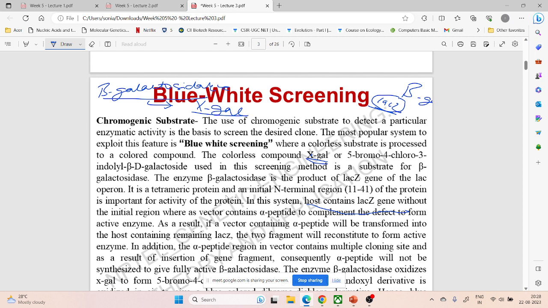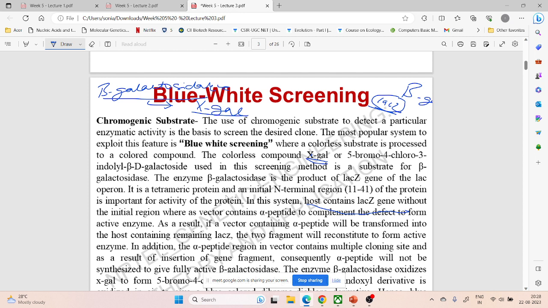So what we do is make a vector which contains the N-terminal region which is missing in the host. The host has a lacZ gene in which the N-terminal region is not present, but the vector that we are providing has that N-terminal region. So when we insert the vector into the host cell, the host will take the N-terminal region from the vector, and therefore a functional lacZ gene will be produced.